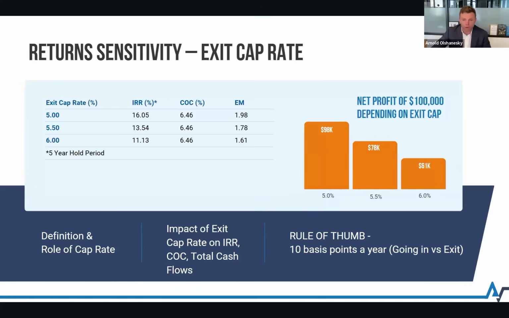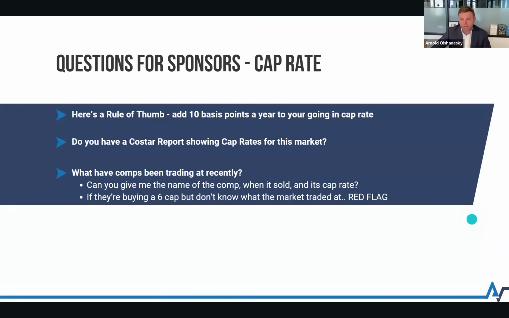So if we're holding the property for 5 years and we're coming in at an entrance cap of, let's say, 5, that means the exit cap when we sell the deal should be a 5.5. So that's a quick question you want to ask right away. What is the entrance cap on the deal, Mr. Sponsor, Mrs. Sponsor? What is the exit cap on the deal?